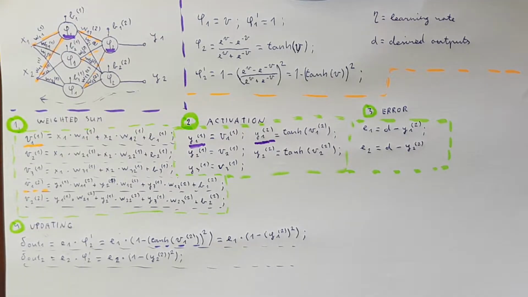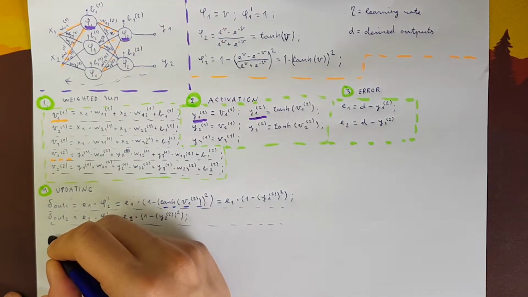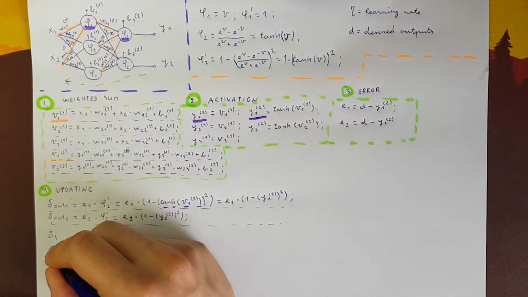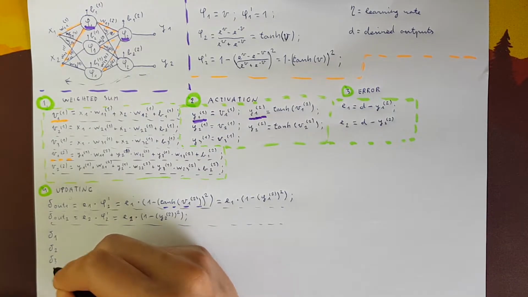Now let's get the deltas so we could update our first layer. It will be delta 1, delta 2, and delta 3.